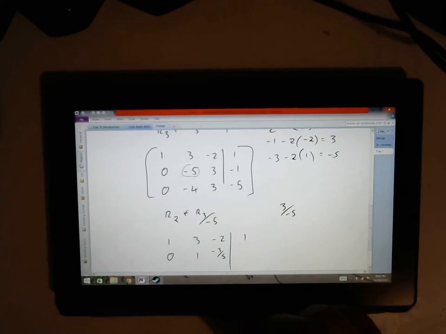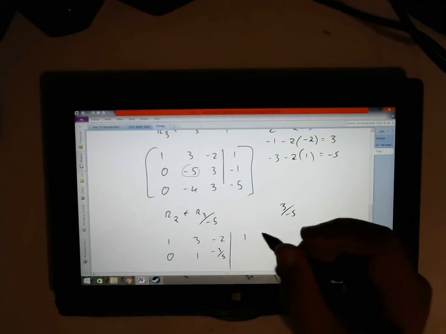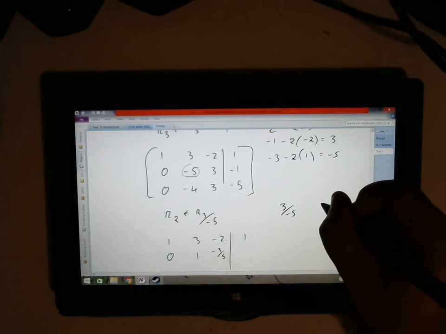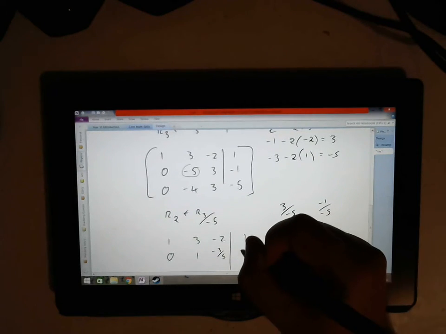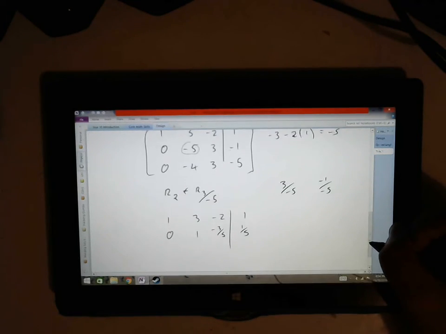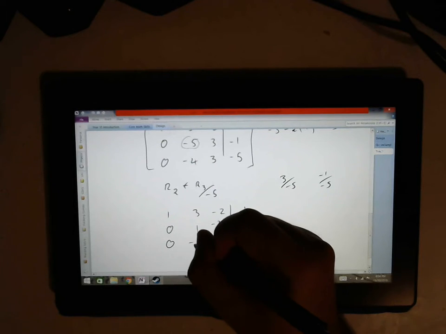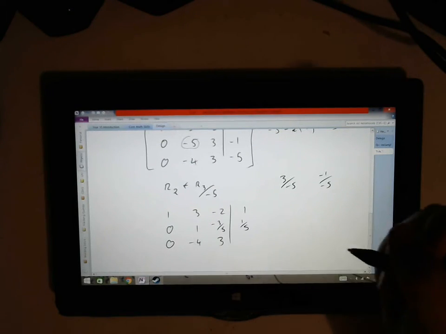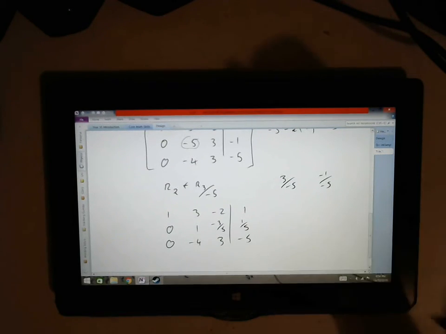I like to leave them as fractions because decimals get a little bit longer, and if you've got repeating decimals, you start losing precision. Try to keep them as fractions. And then we've got minus 1 divided by minus 5, so it's going to be 1/5 over there. And our lower line is still the same. Okay, and minus 5.